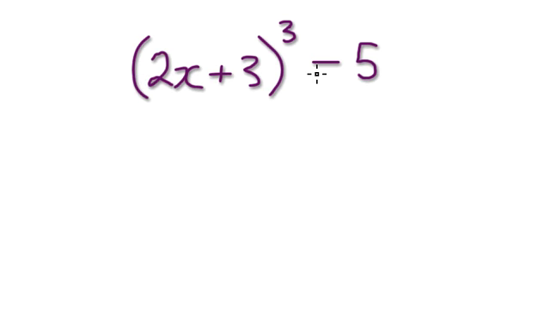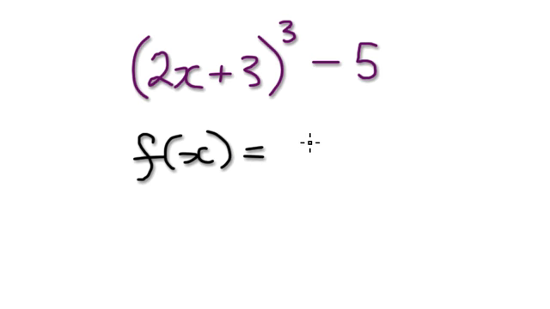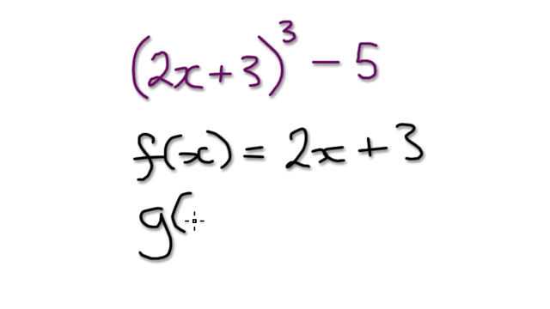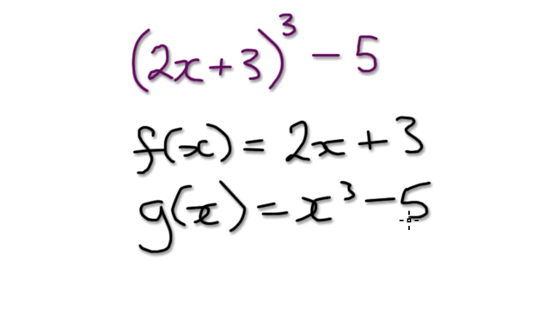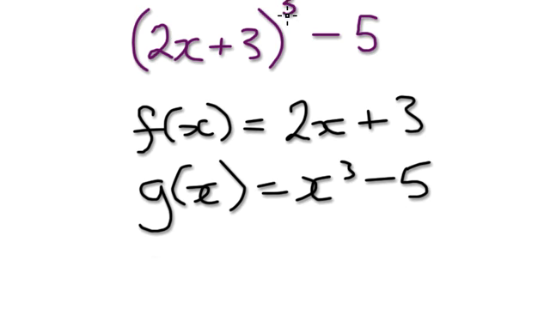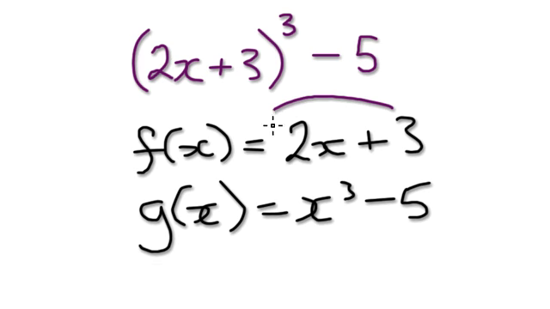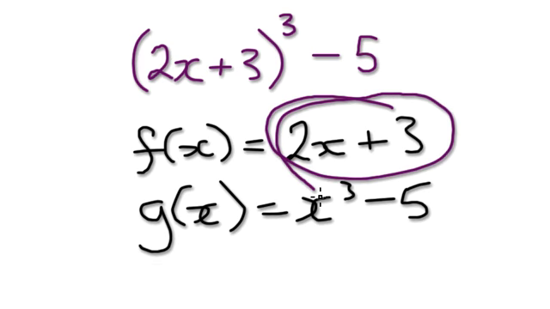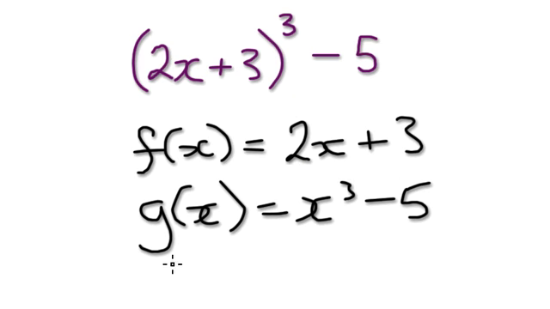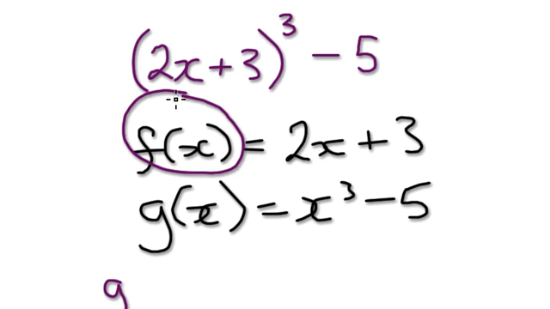Okay, so starting with this, you've got f of x equals 2x plus 3, and then you've got g of x equals x to the power of 3, take away 5. You see, when you put this into this x here, you're really putting f of x into g.